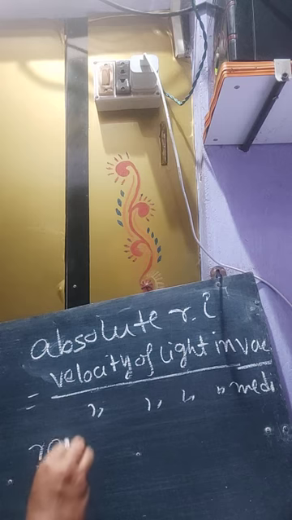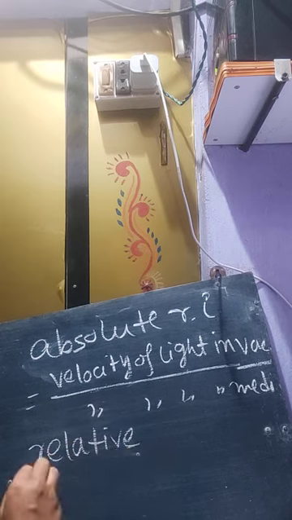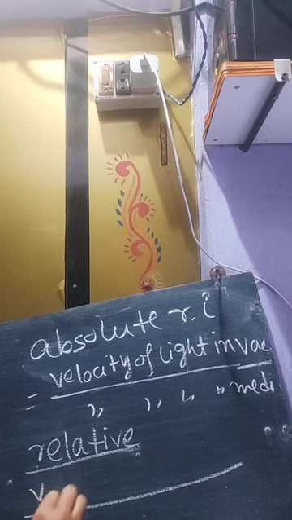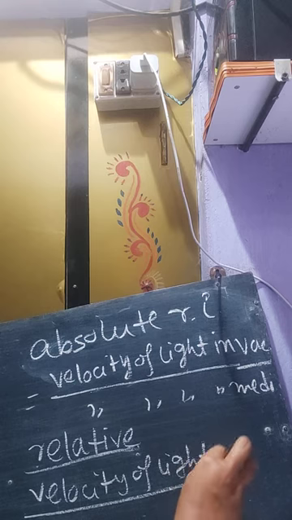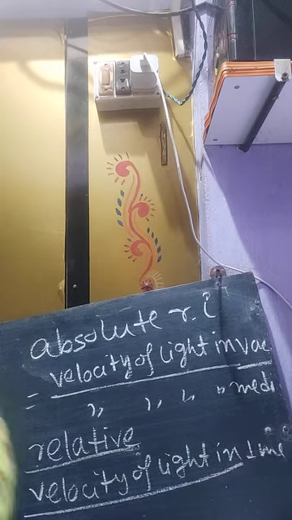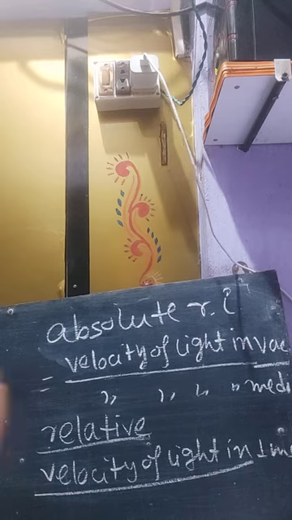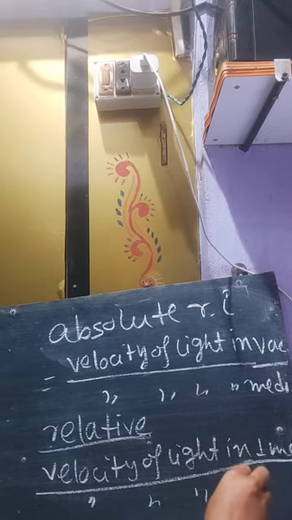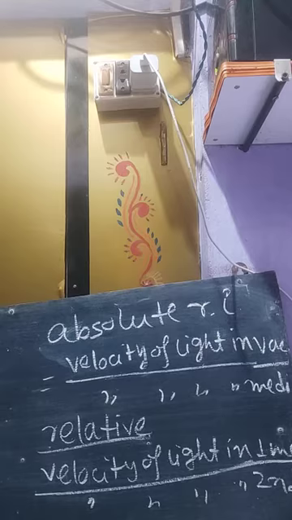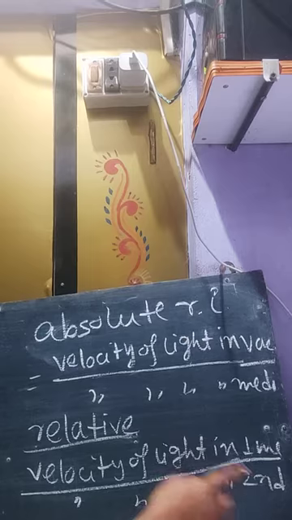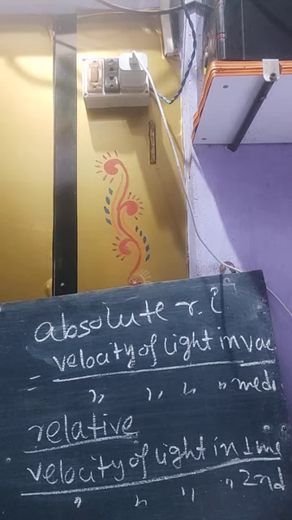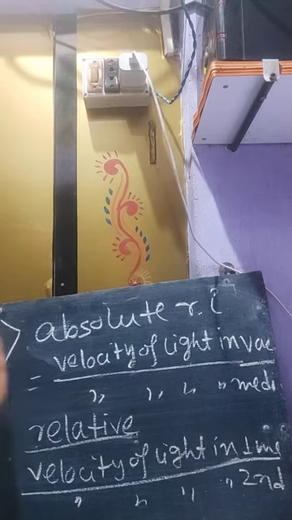And if it is relative, then it is the velocity of light in one medium by the velocity of light in the second medium. If this is being discussed, that is one medium and second medium, then this is called the relative refractive index. Now, this refractive index will always be greater than 1.